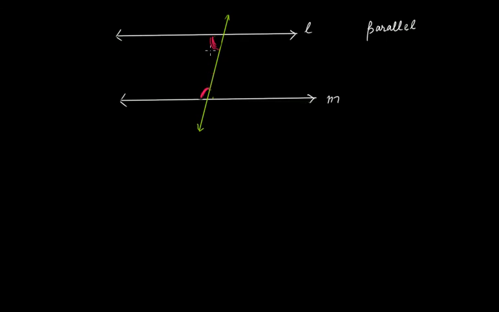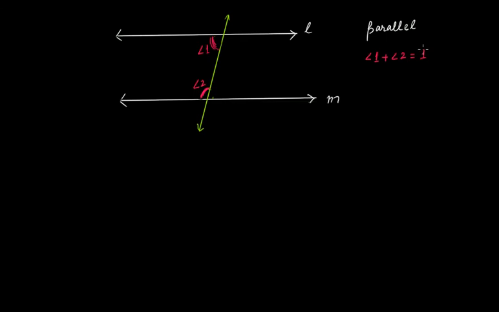Again, interior angles on the same side of the transversal, that is, this interior angle and this interior angle. Let's name them angle 1 and angle 2. If it is given that angle 1 plus angle 2 is supplementary, what does it mean? They are 180 degrees, right? Two angles are said to be supplementary when their sum is equal to 180 degrees.